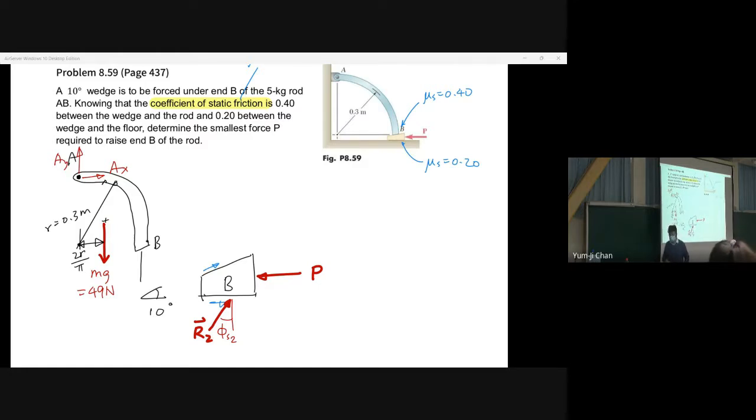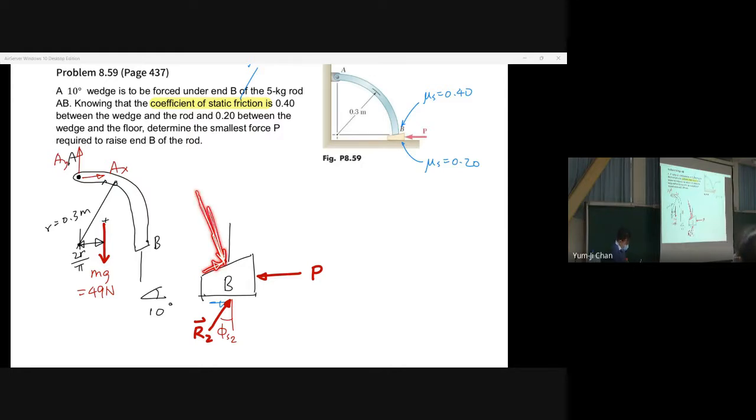Now for the upper one, remember, the relationship between the friction force and the reaction force is related to the surface normal.